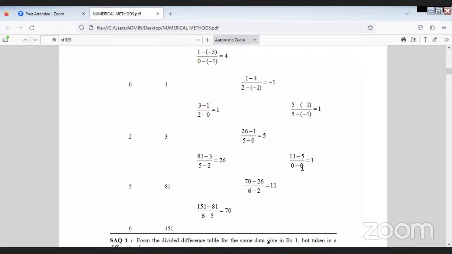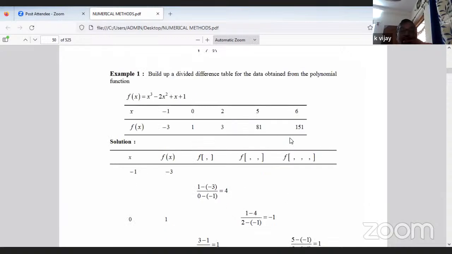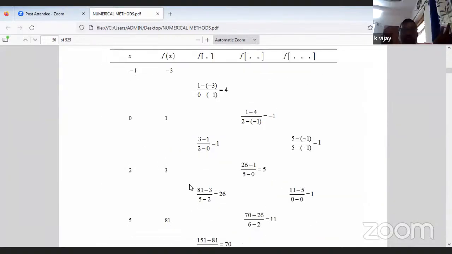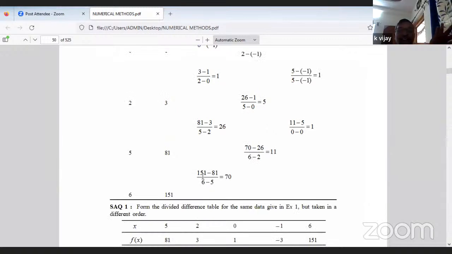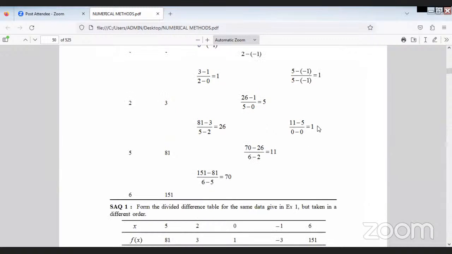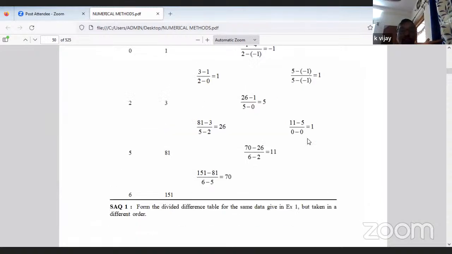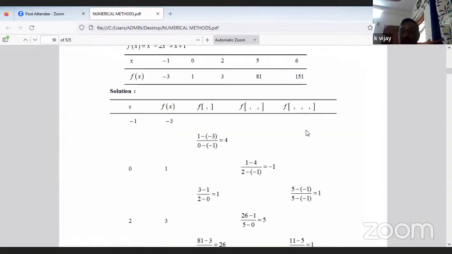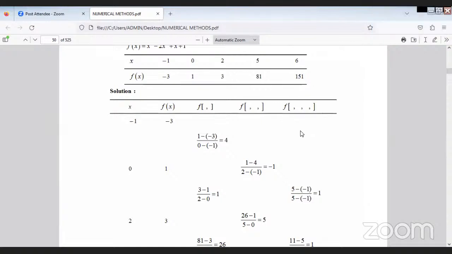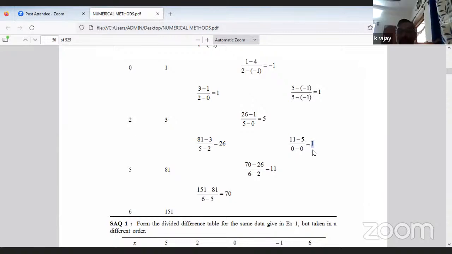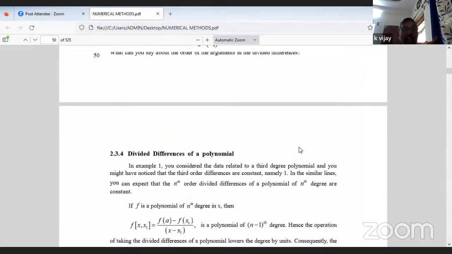There are no terms, so it is 0. Yes, sir. So these are the fundamental values we have to find in the difference table. Understood? Sir, in the textbook it is given wrong. We have to take it as 0. Yes, it is 0. Okay, sir. Thank you, sir.